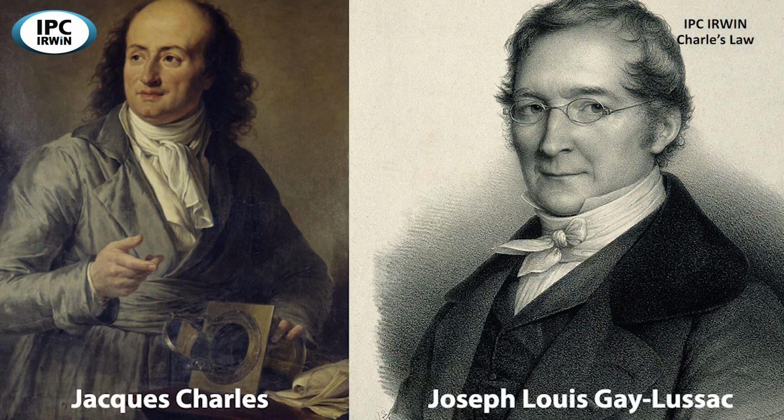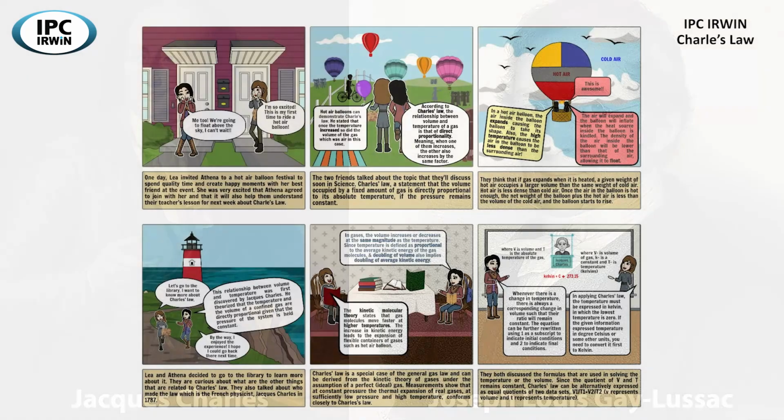So here's a picture of the two gentlemen. And one interesting thing is that Charles himself was a hot air balloonist, which was great because he studied the expansion of air and the gas laws. So it's not unsurprising that one of his hobbies was hot air ballooning.